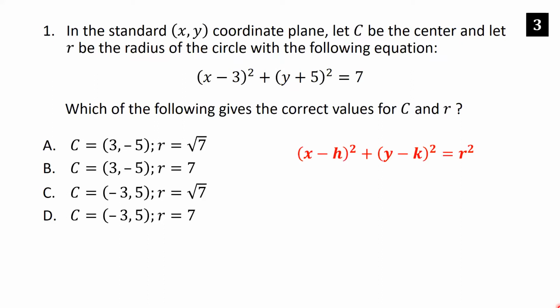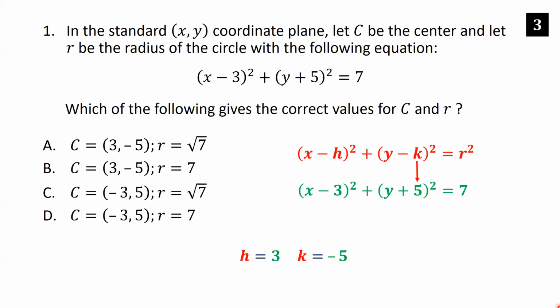All right, so remember I said we're going to be using this formula for the standard form for the equation of a circle. So I'm just going to write that down again here. (x minus h) squared plus (y minus k) squared is equal to r squared. And I'm just recopying the given equation right under that one so we can compare and see clearly that h is equal to 3 and k is equal to negative 5.